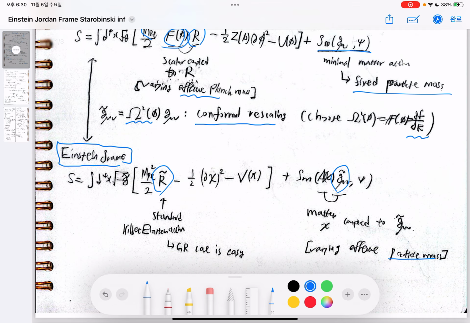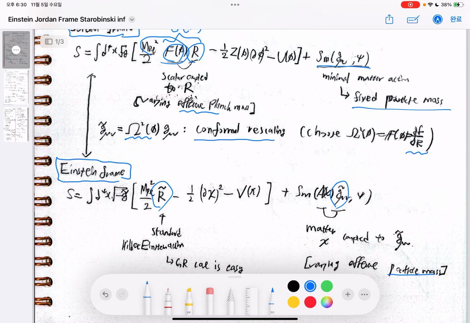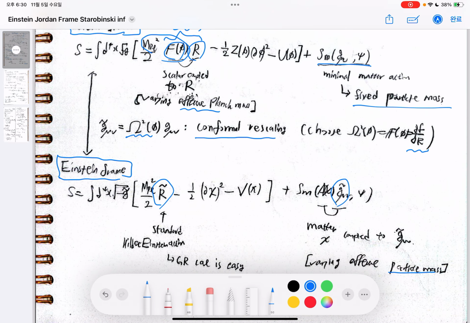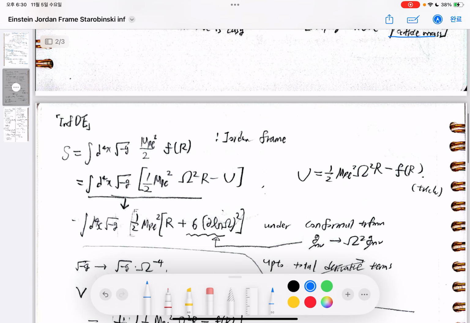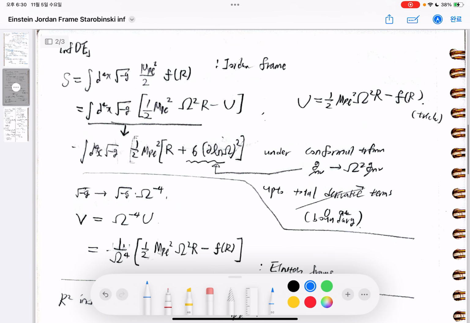So the transformation between the Jordan frame and the Einstein frame can be applied to various areas, especially Starobinsky inflation.